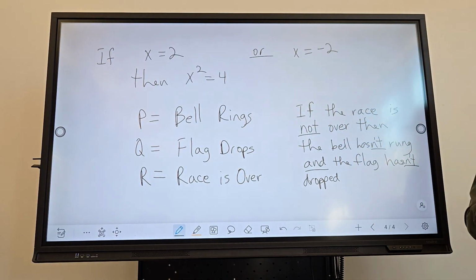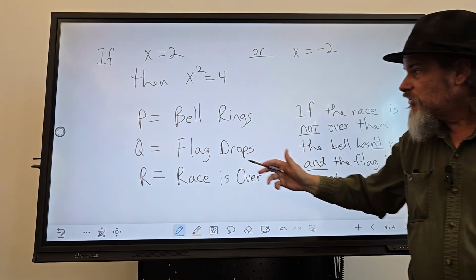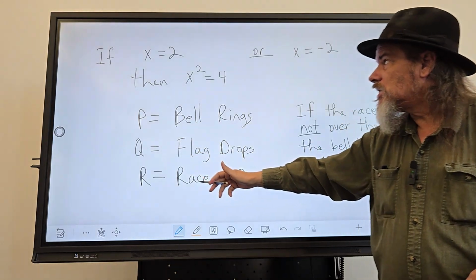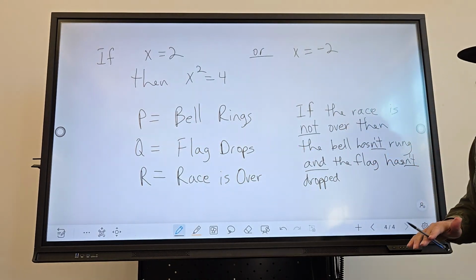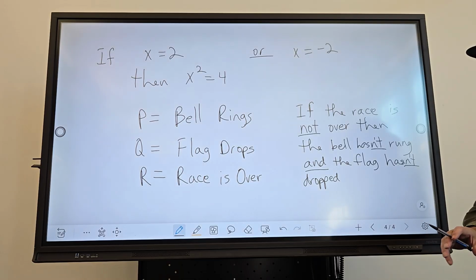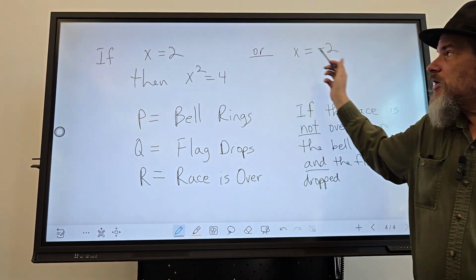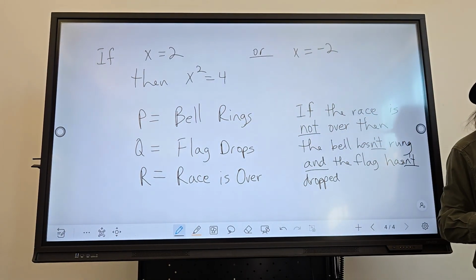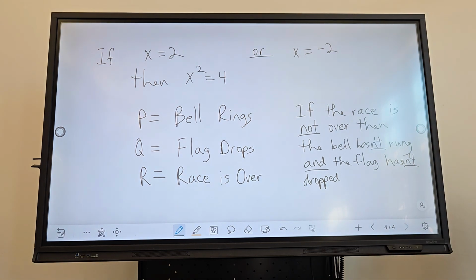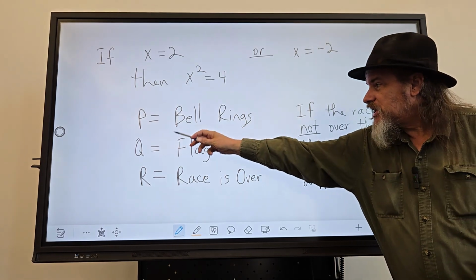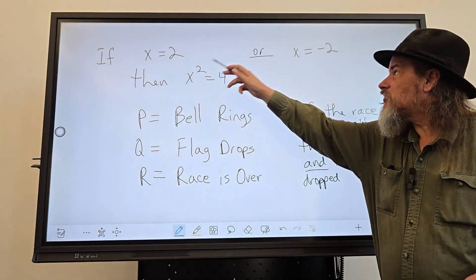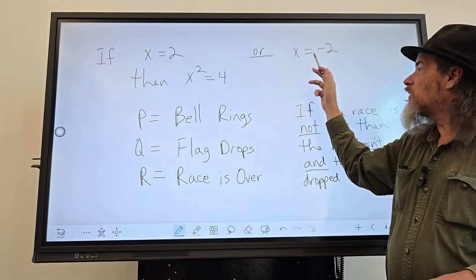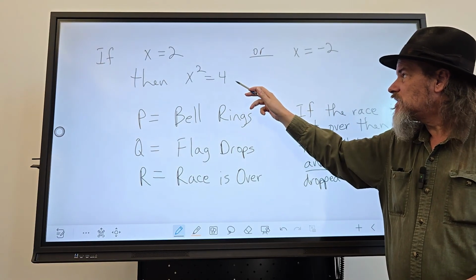I effectively changed the content of the variables. We'll get into the symbology of this in a little bit, but the argument has the same form. I just changed the values of P, Q, and R to be x equals 2, x equals minus 2, and x squared equals 4.